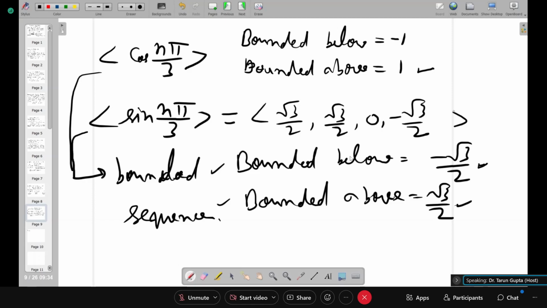So the range set is always root 3/2, 0 and minus root 3/2. But if you say that the bounded below element is -1, that is also right, because bounded above and bounded below elements are not unique, and it is not compulsory that they exist in the range set. It may exist, it may not exist. But if you see the range set of this, then -1 and 1 will not come.